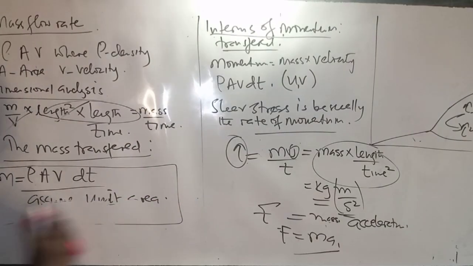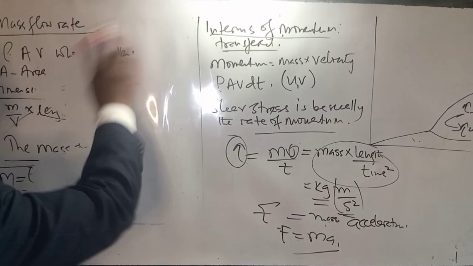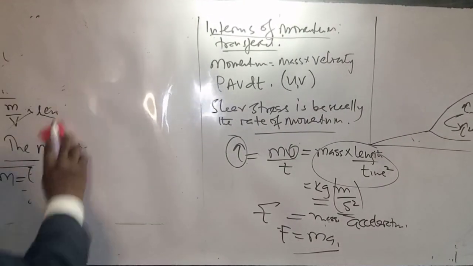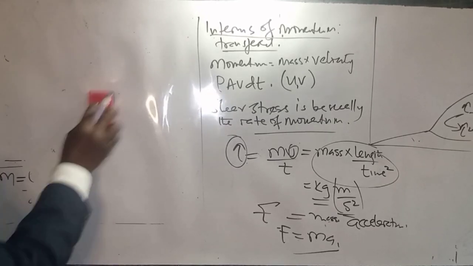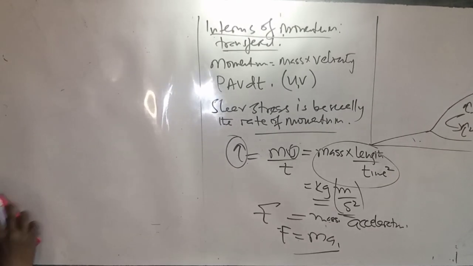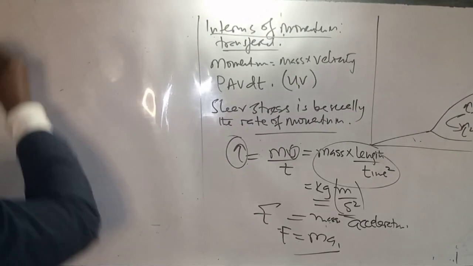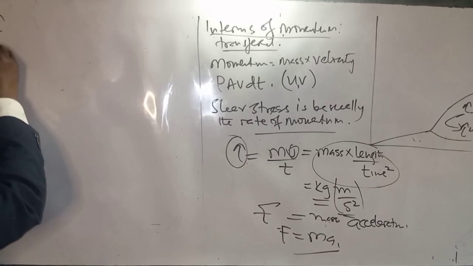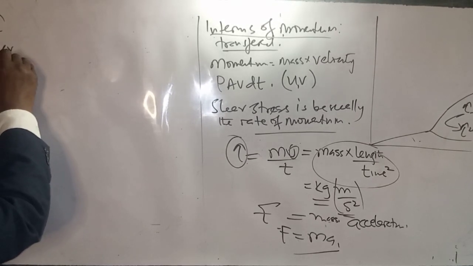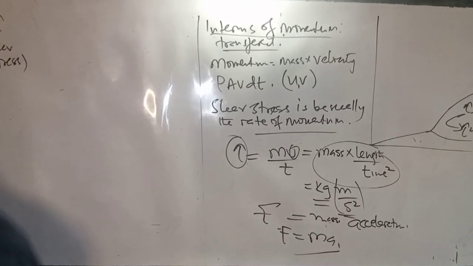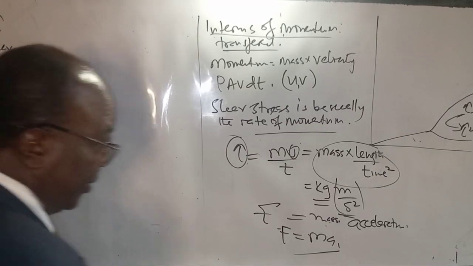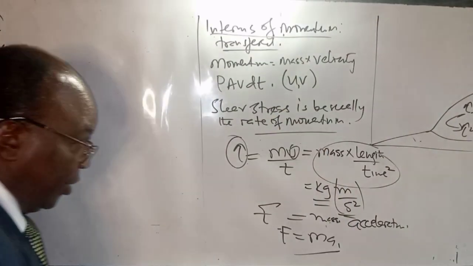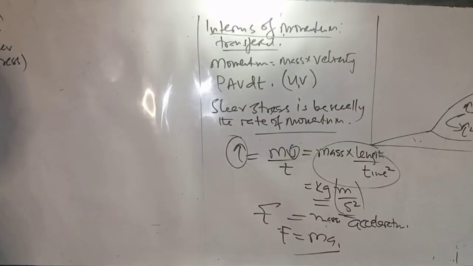Now, when we factor all these quantities, so we are saying that tau, therefore, the shear stress, we have said is the rate of momentum. And what was momentum?